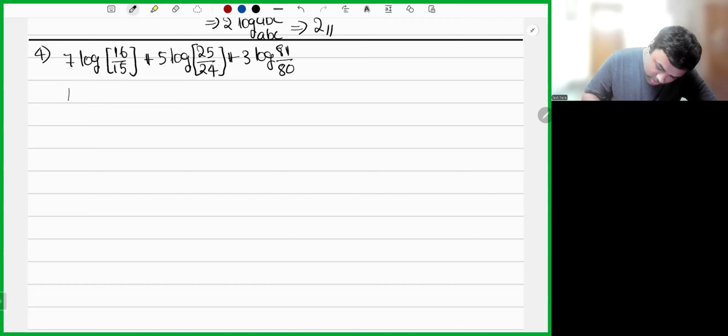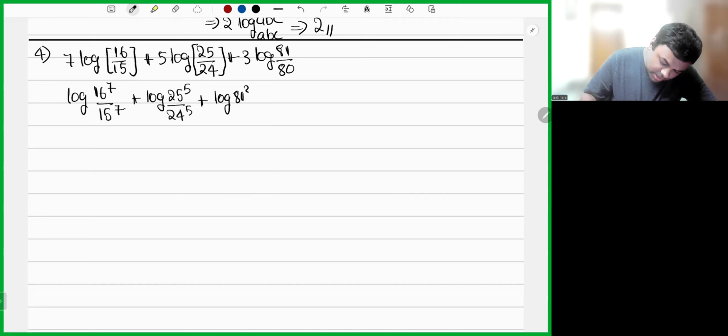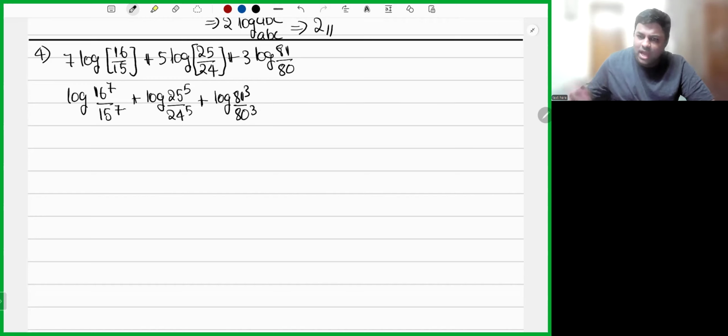I'll write it as log 16 power 7 divided by 15 power 7 plus log 25 power 5 by 24 power 5 plus log 81 power 3 by 80 power 3. Okay, so the 7, 5, 3 I have moved inside.